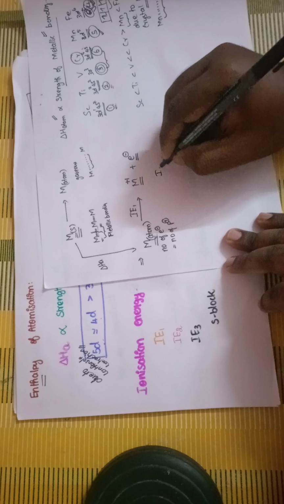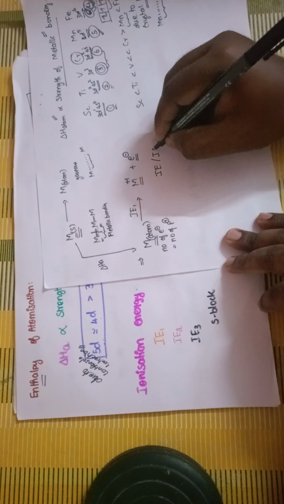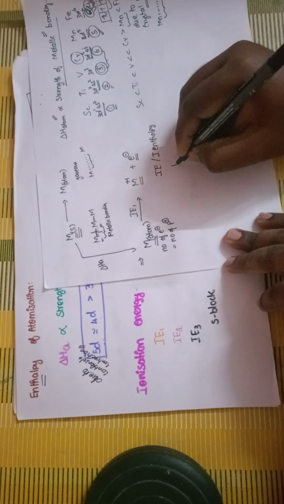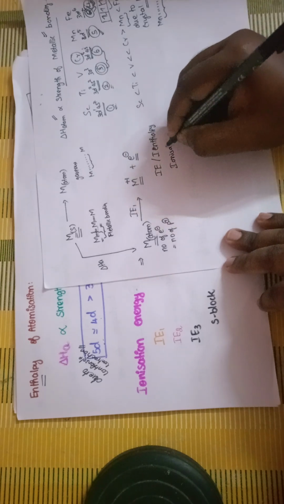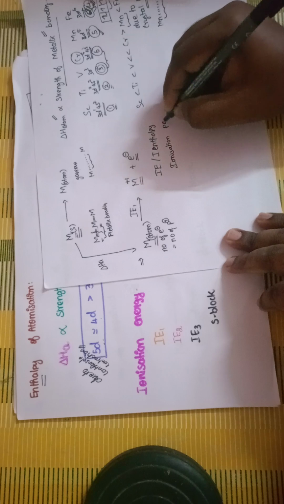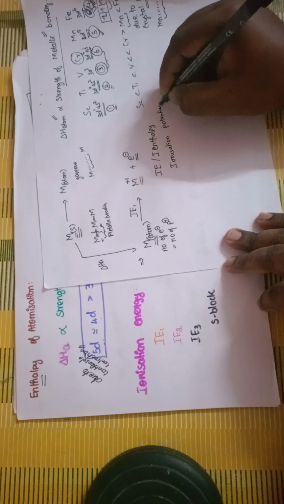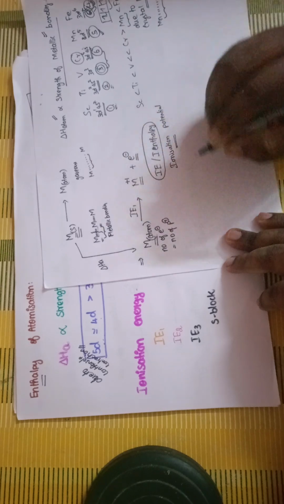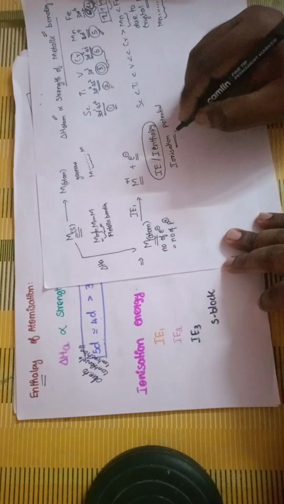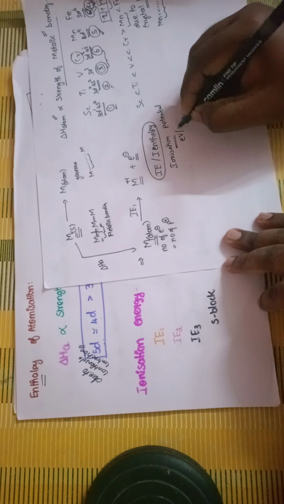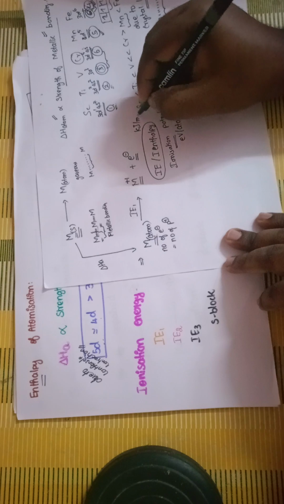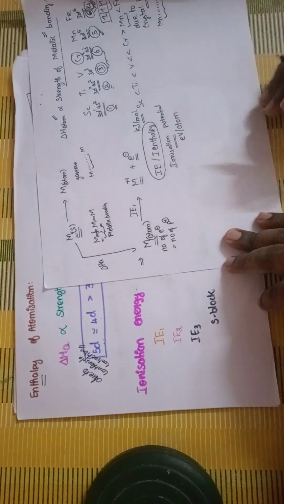This ionization energy is otherwise called ionization enthalpy, or it can be called ionization potential. Ionization energy and enthalpy are exactly the same. Ionization potential is the same definition-wise and meaning-wise, but unit-wise this will be represented by electron volt per atom, while this will be represented by kilojoule per mole. That is the difference.